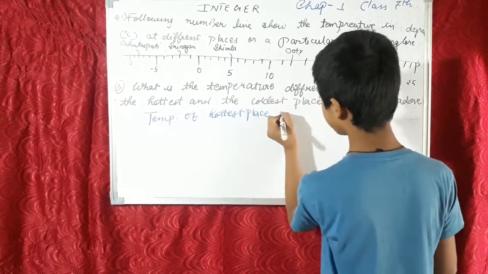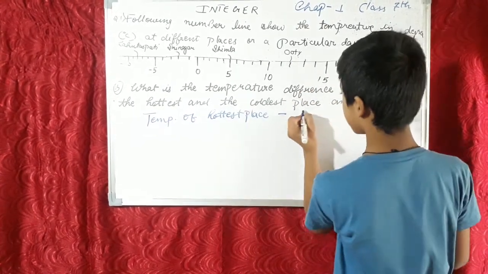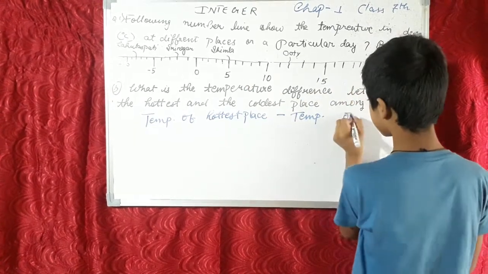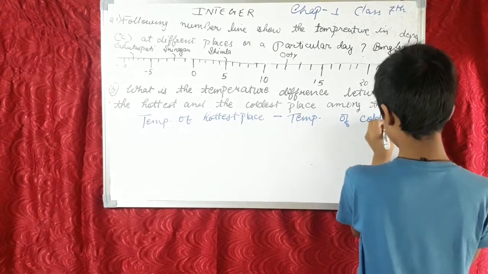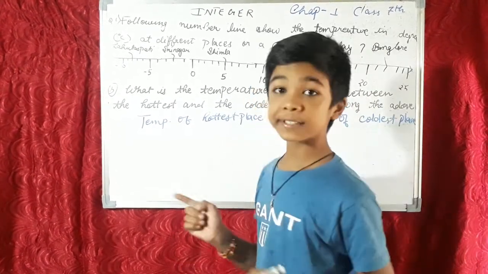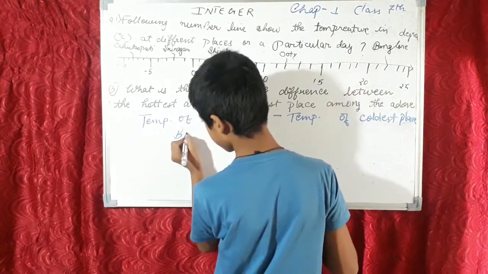Then what we have to write? Then we have to write minus because it is a difference. Okay. Then temperature of the coldest place. So which is our hottest place here? Bangalore. So we will write here Bangalore.